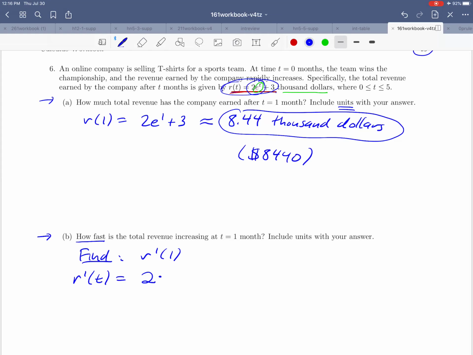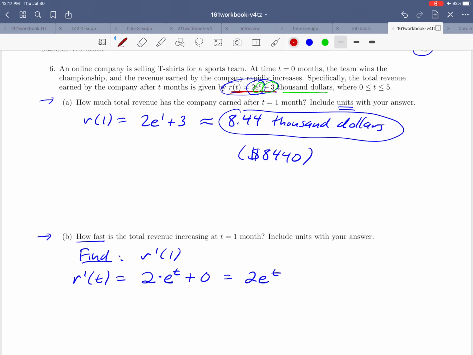When you take the derivative of e to the t, you just get the same thing back again, 2e to the t. Then you come to the second term, the plus 3. What happens when you take the derivative of a constant by itself like that? You just get 0. So our formula for the derivative is just 2e to the t.